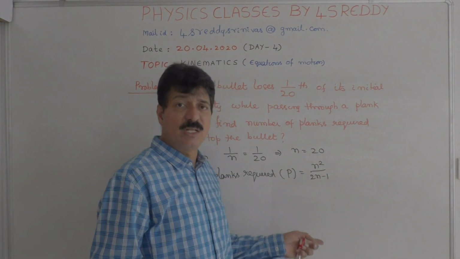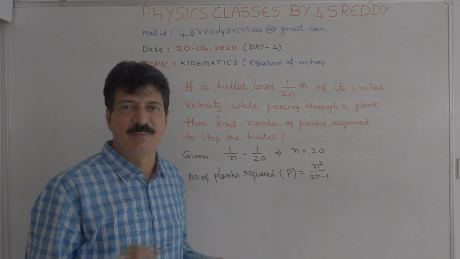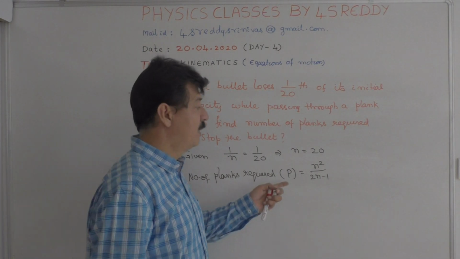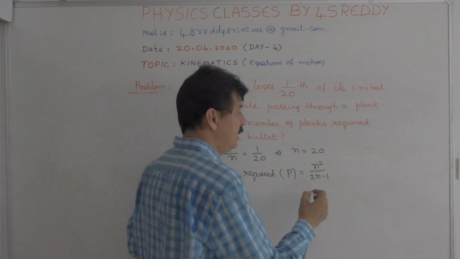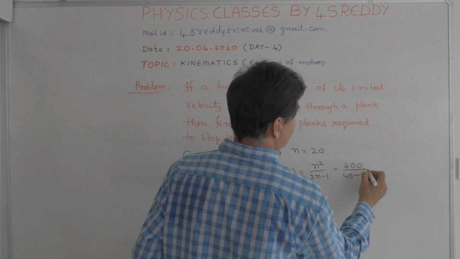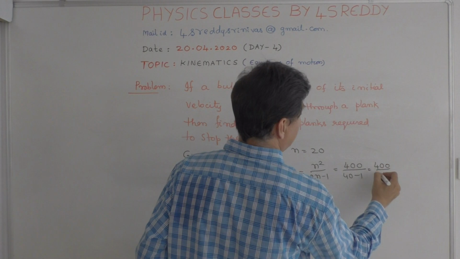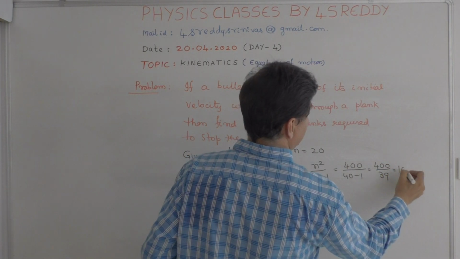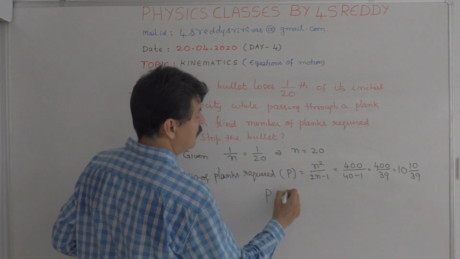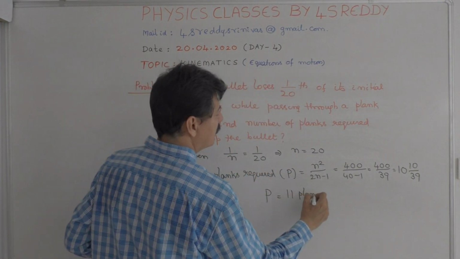Thus, once you know the formula, you can get the answer in less than 1 minute. Sometimes you require speed and accuracy by knowing the general solutions. It is 400 by (40 minus 1), 400 by 39, that is 10 and 10 by 39. Therefore, 11 planks are required.